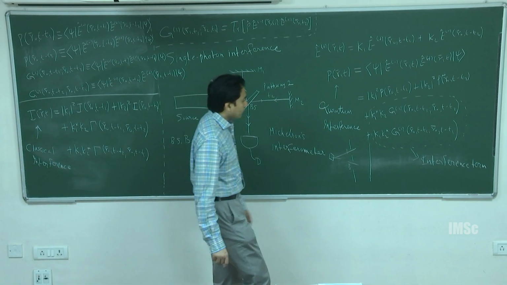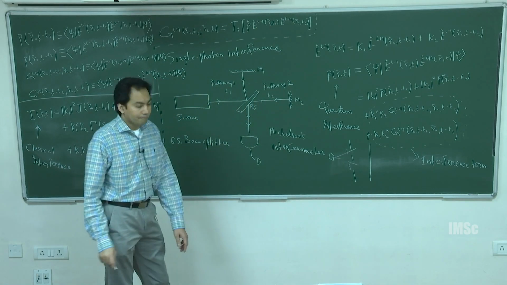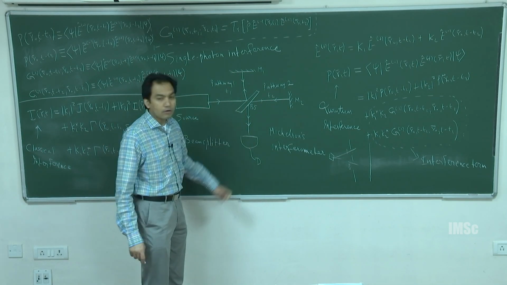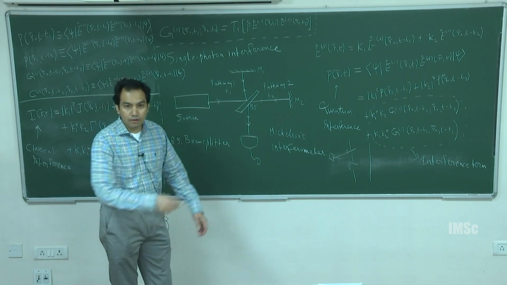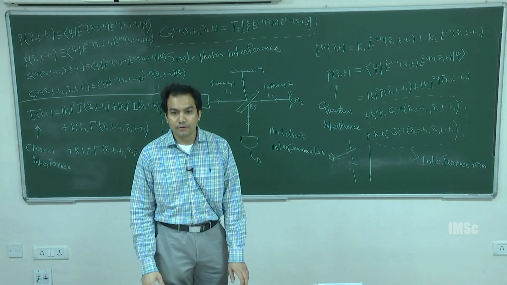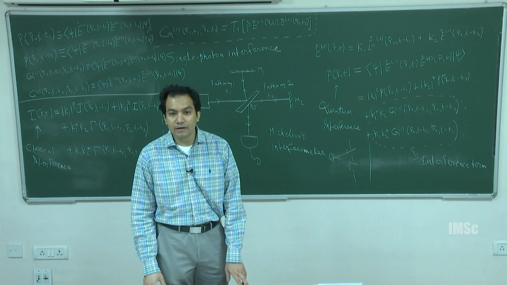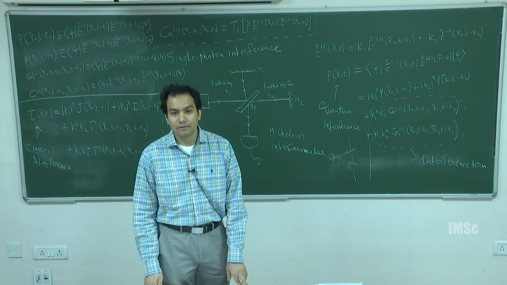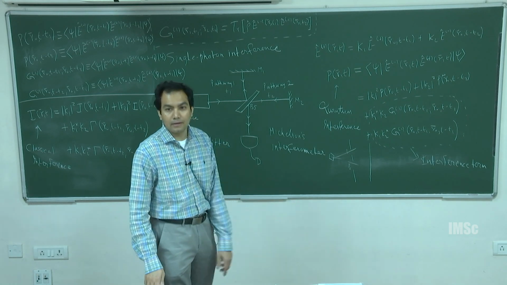What it means is, when you detect one photon at a time and plot its distribution, you will observe an interference pattern. That is what is happening here.